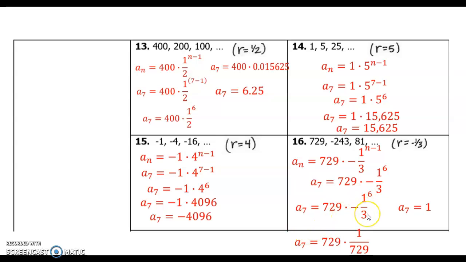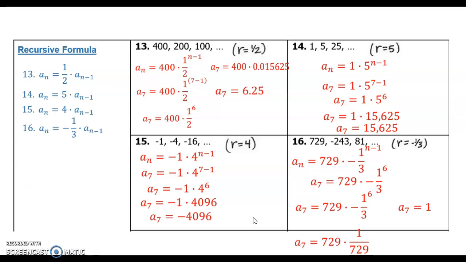So -1/3 to the 6th power is 1 over 729. 729 times 1 over 729 is 1. And here are the recursive formulas for numbers 13 through 16.